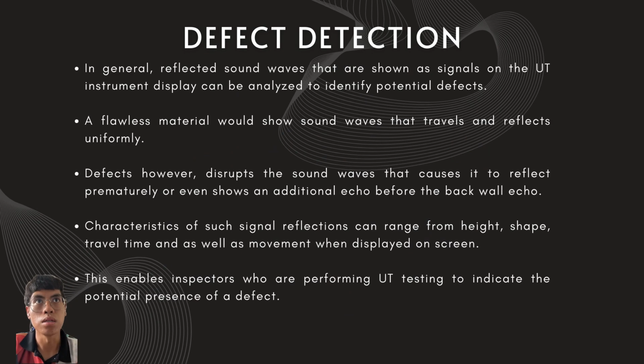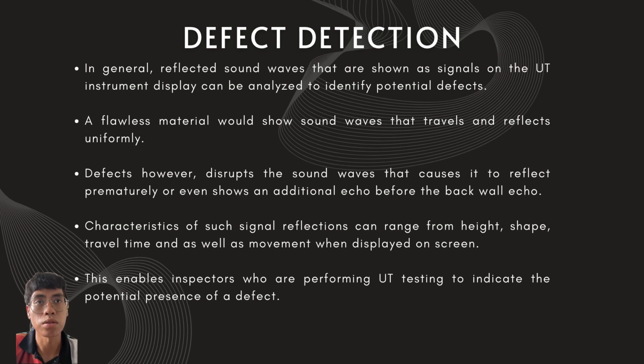Next is defect detection. So generally, reflected sound waves that are shown as signals on the ultrasonic testing equipment are analyzed to be identified as potential defects. A material that is flawless would usually show sound waves that travel and reflect evenly, but when defects are detected, you can see the sound waves are disrupted, which causes them to reflect prematurely or even show an additional echo before the backwall echo.